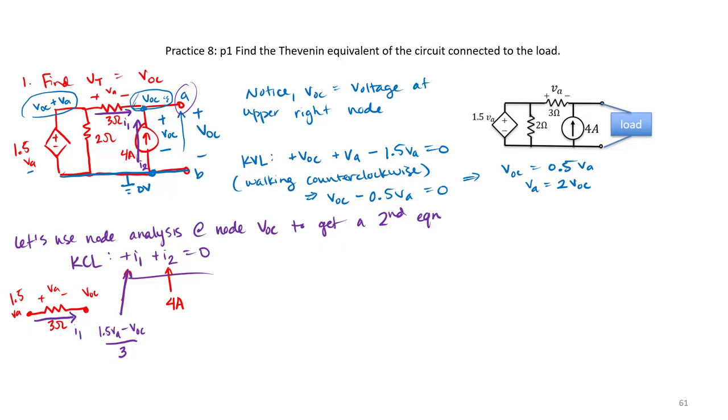So I can substitute into this Kirchhoff's current law equation, and I have 1.5 VA minus VOC divided by 3 plus 4 equals 0. From earlier, I know that VA is equal to 2 VOC, so I can also substitute that.